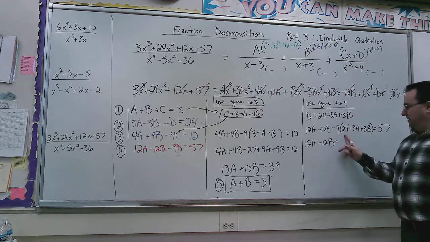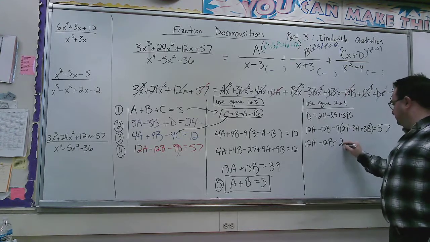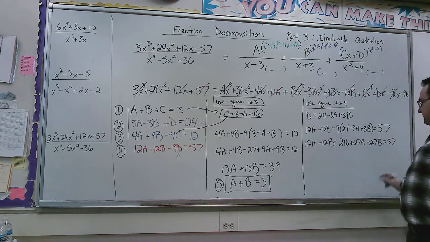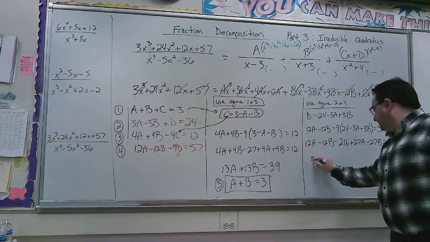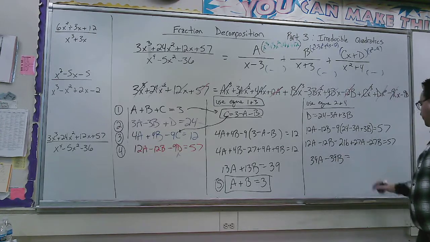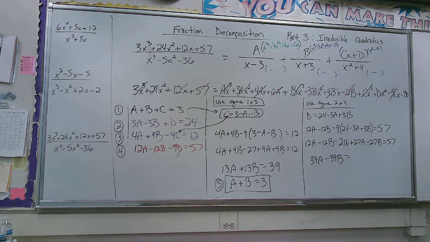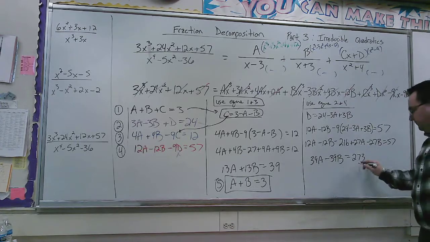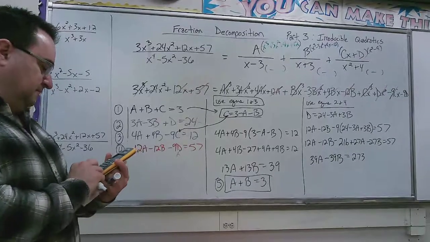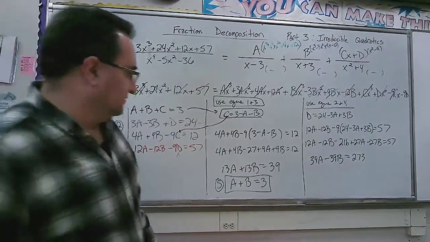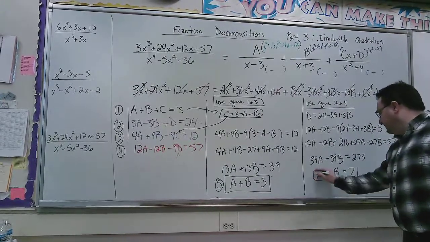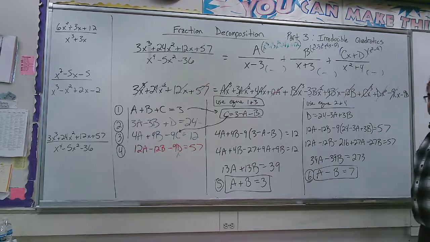This will be 180 and 36 is 216 plus 27 minus 27, 57. So I'm getting 39A minus 39B. My hopes are getting up here. This would be 273. Now let's see if I can divide 273 by 39. Yep, it equals 7. So if I divide everything by 39, I get 7. And that gives me equation number 6.